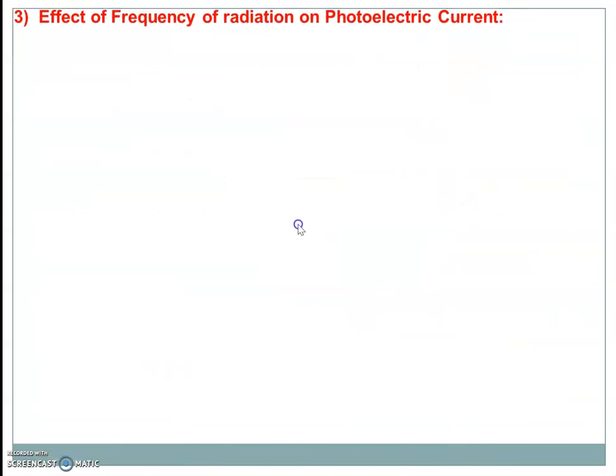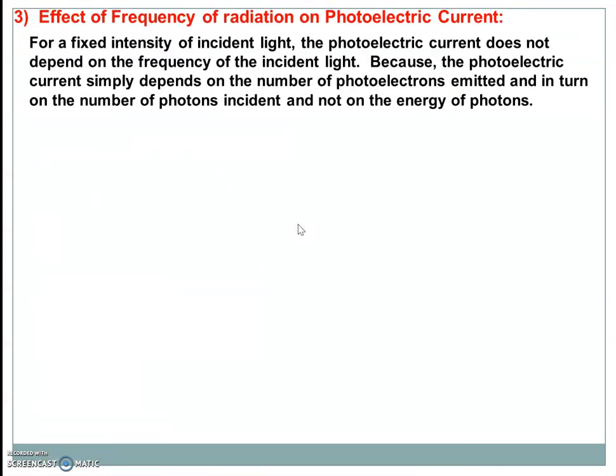Now move to the next effect, which is the effect of frequency of radiation on photoelectric current. The photoelectric current simply depends on the number of photoelectrons.